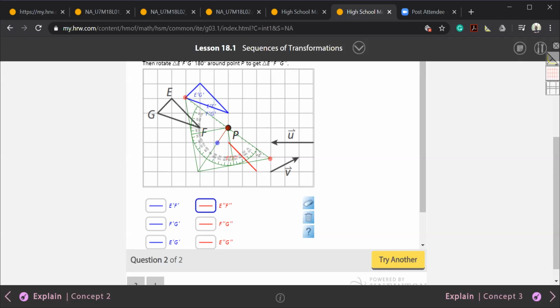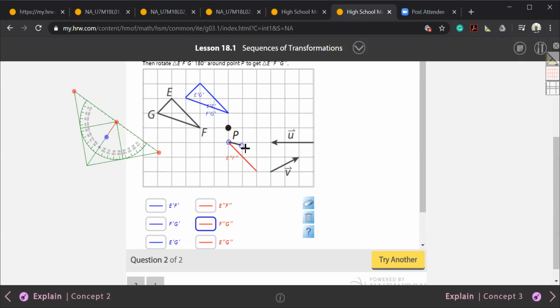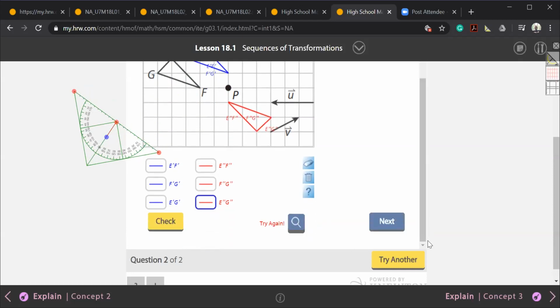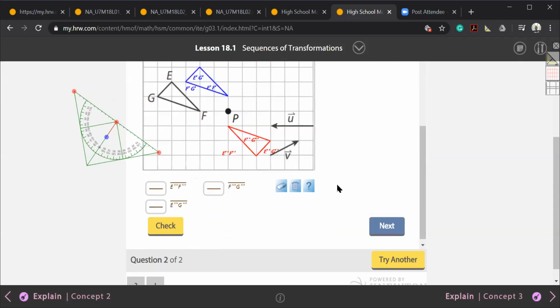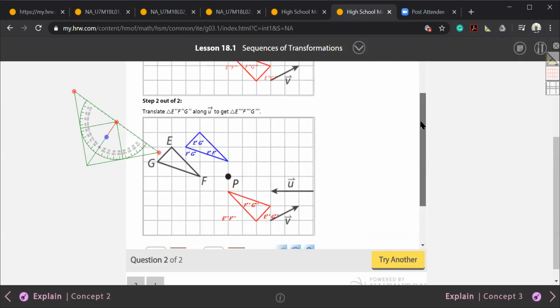So this is G double prime. So G double prime will be there. So it means that I can draw this line from here till here. And then, yes, it was correct. Very good.